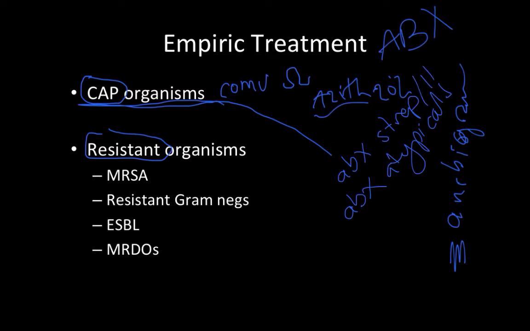This is strep and H flu, and one antibiotic for atypicals. Or the same antibiotic can cover both strep and atypicals, for example, some of the fluoroquinolones.